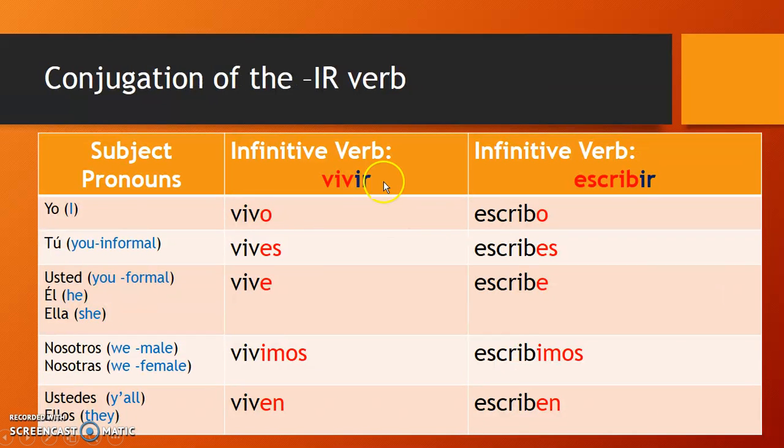One quick note is you might have noticed already some of these patterns are very similar to the ER and the IR verbs. Like nosotros is kind of similar and the yo is kind of similar. So take a moment to reflect and see what are some similarities and differences that you see.